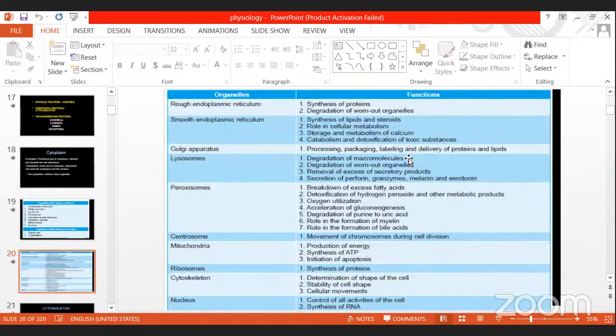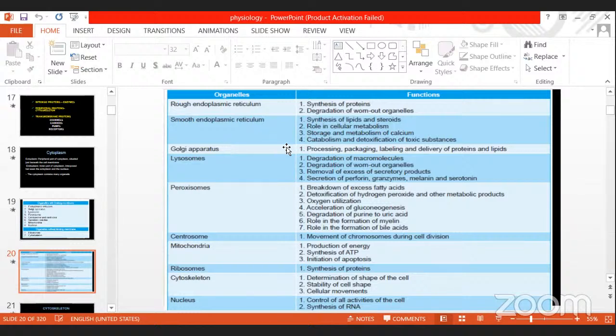The functions of each organelle in a nutshell, let's see. The rough endoplasmic reticulum synthesizes protein and helps in the degradation of worn out organelles. The major function of the rough endoplasmic reticulum, which means the endoplasmic reticulum having ribosomes in it: the ribosomes are attached to the endoplasmic reticulum, which helps in the synthesis of protein.